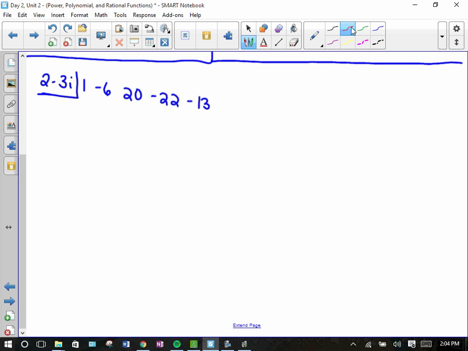Now, I'm just doing what I typically do. 1. Okay? 2 minus 3i times 1 is going to be 2 minus 3i. Right? So, negative 6 plus 2 is going to be negative 4. And then I'm going to have minus 3i.